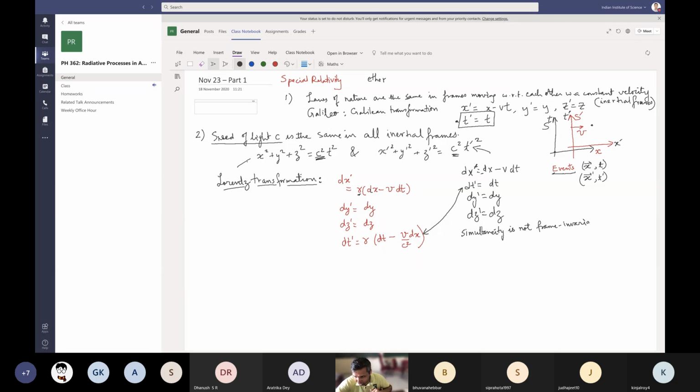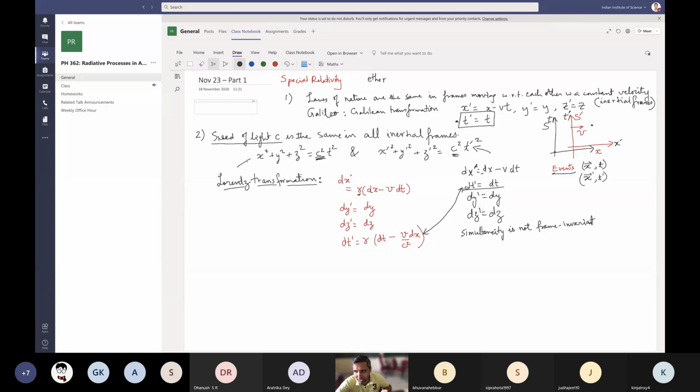If some event happens simultaneously in one frame, that is dt prime is equal to 0, dt is not 0. Whereas in the Galilean universe, if something happens simultaneously in one frame, it will happen simultaneously in the other inertial frame.